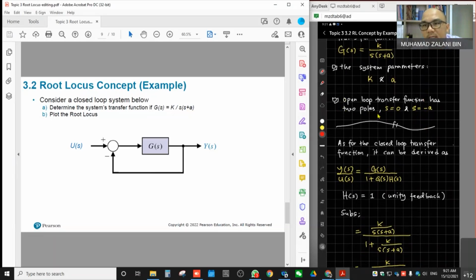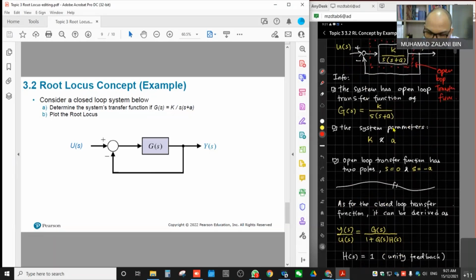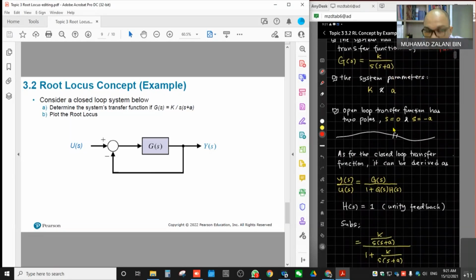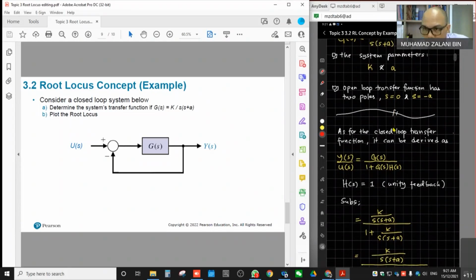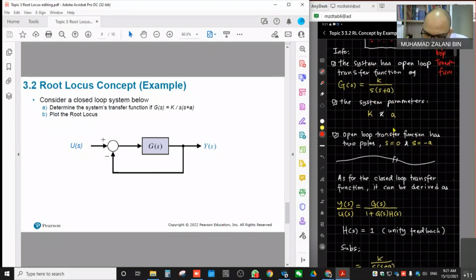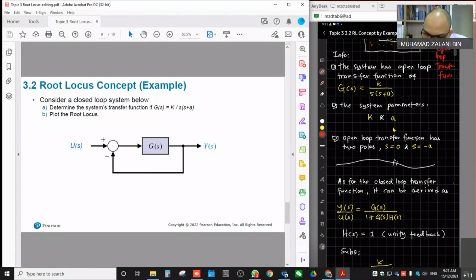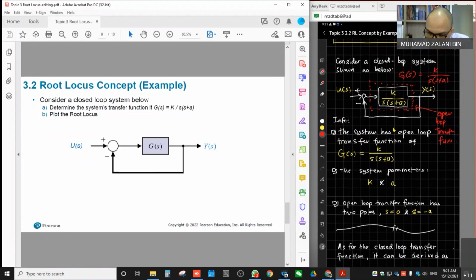The third piece of information we can draw from that block diagram, given by G(s) equals K over S plus A, is that the open loop transfer function has two poles, which are S equals 0 and S equals negative A. Poles mean that we force the equation at the bottom line here, which is the characteristic equation, the denominator, to be 0.